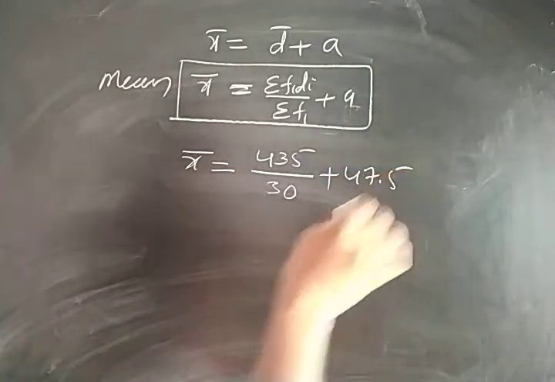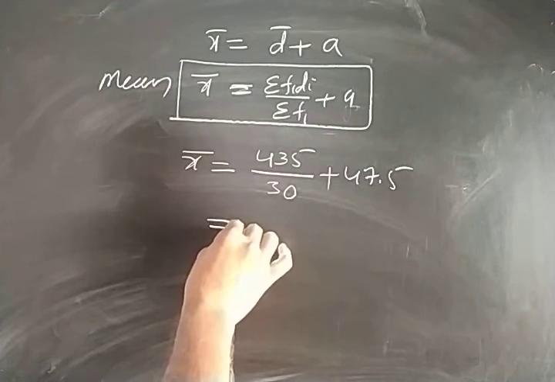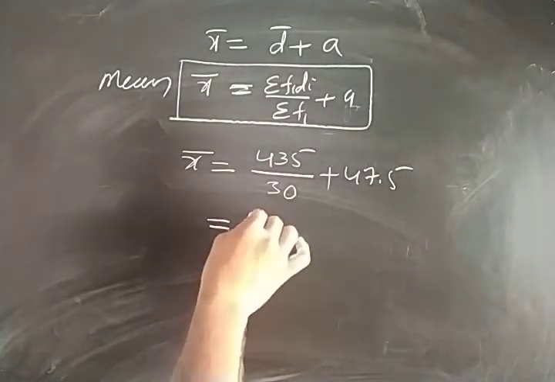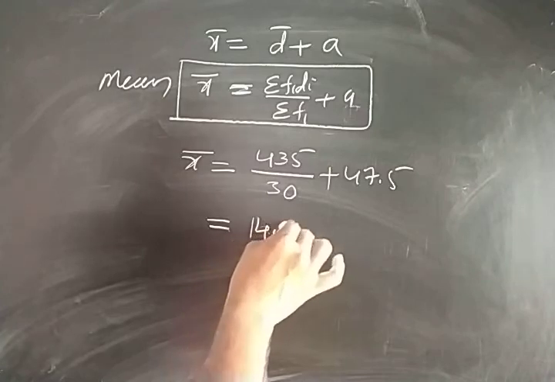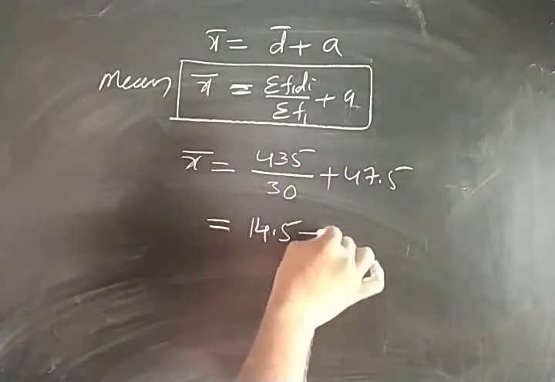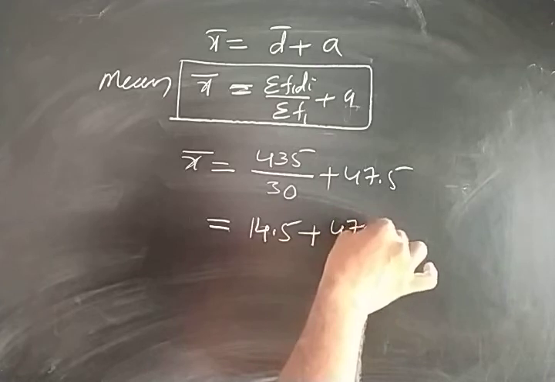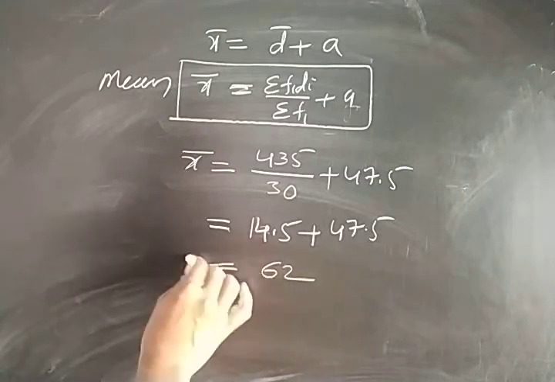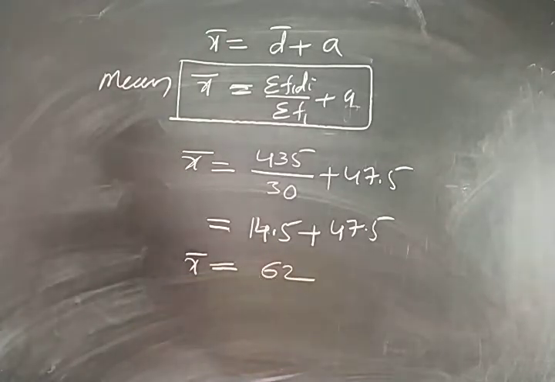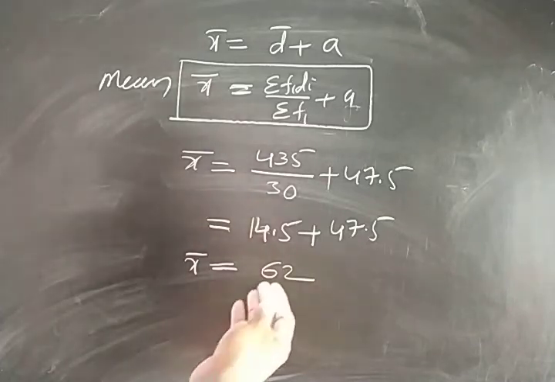By simplifying this fraction, you will get 14.5. Here 47.5. By adding these two values, you will get 62. So in the direct method also we got 62, x bar equal to 62.